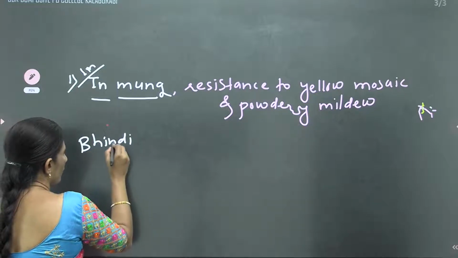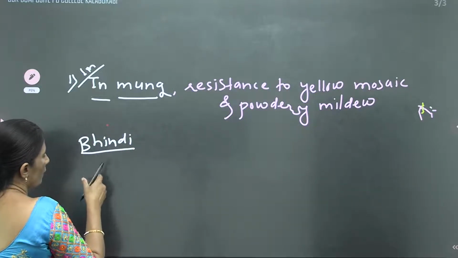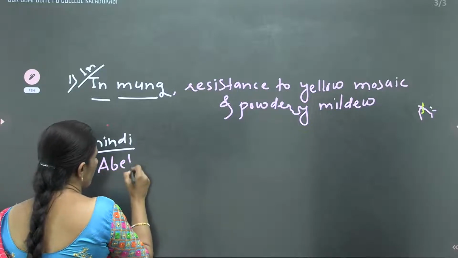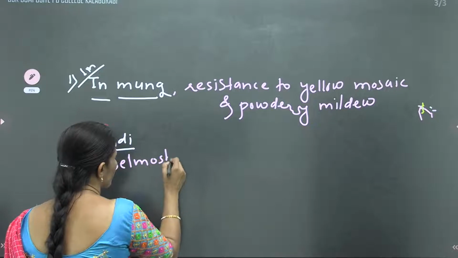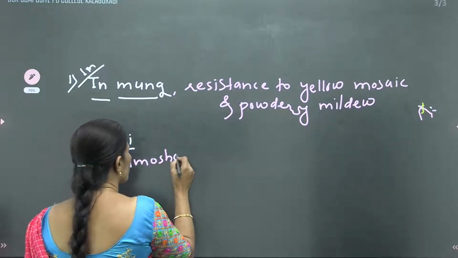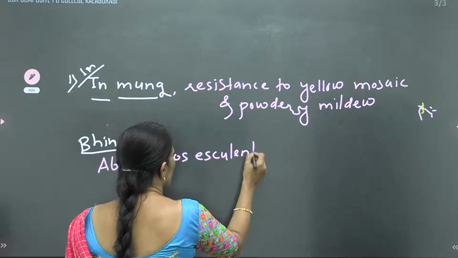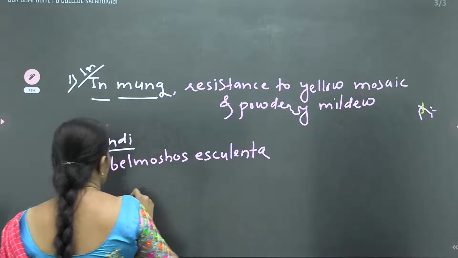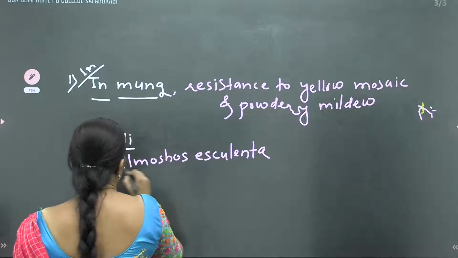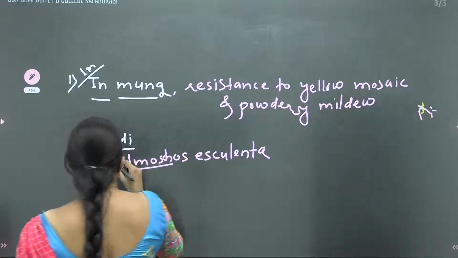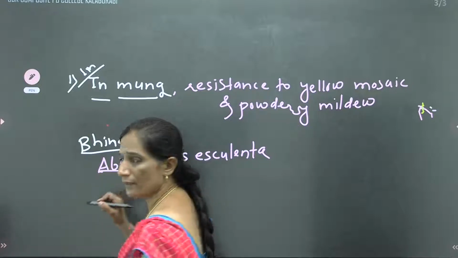Bhendi or bhindi. You know very well the scientific name is Abelmoschus esculentus. So it is one of the bhendi.